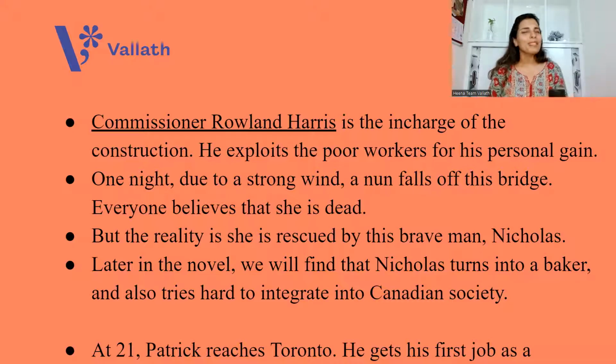And one thing I must tell you, I've not written it here, listen to this. After Nicholas rescues this nun, they go to a restaurant, which belongs to a person from Macedonia only. And it is in this restaurant that Nicholas and the nun have some intimate conversation, intimate moments, I can say. After this, the nun leaves with a mark.